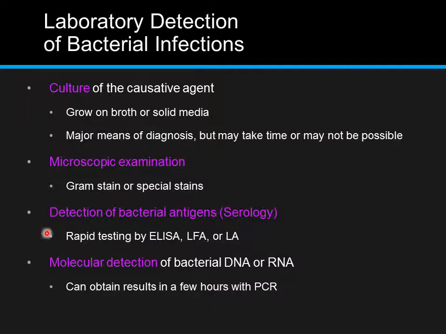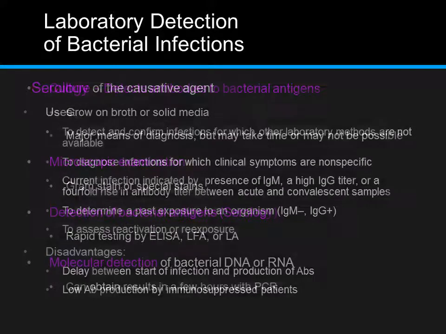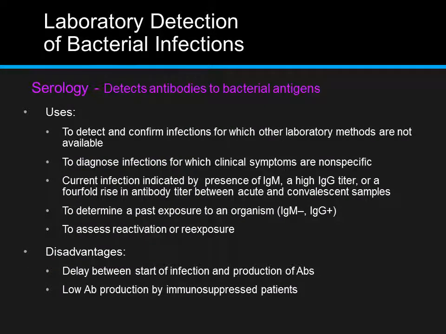And then, of course, the big kahuna is going right in and detecting the DNA or the RNA of these organisms. Highly specific. Again, we're talking answers within hours rather than days, which was the case back when we were culturing these things, waiting for them to grow. And serology, of course, is the methodology used to detect antibodies to bacterial antigens.